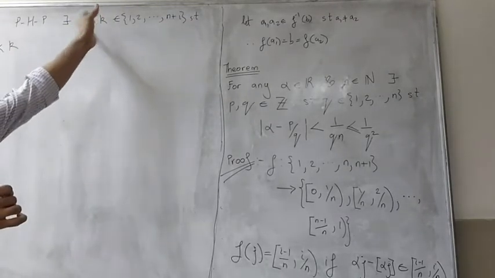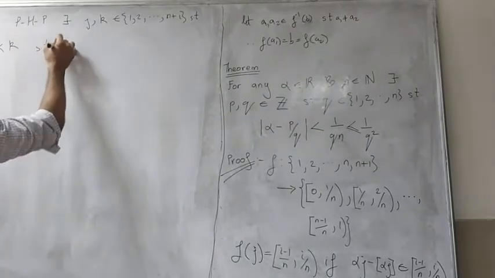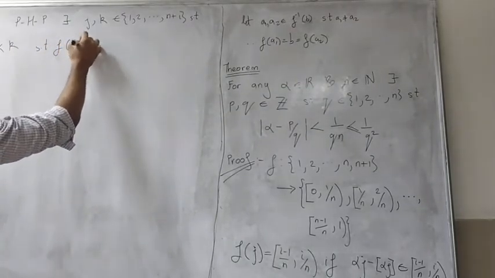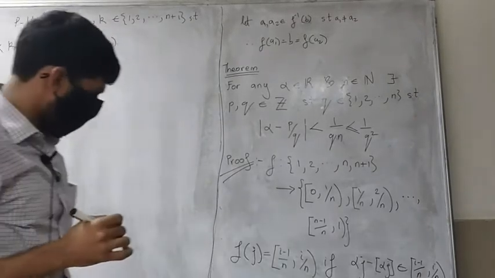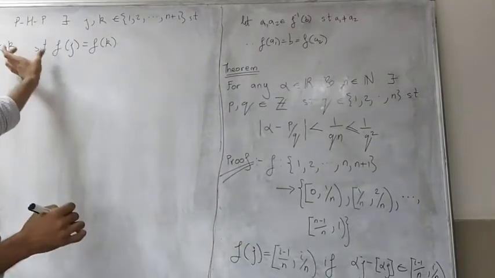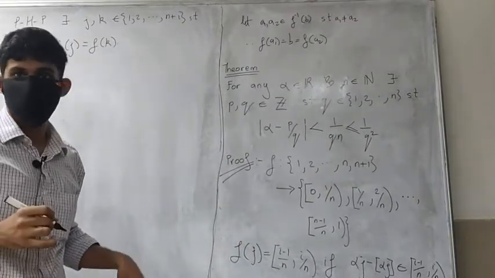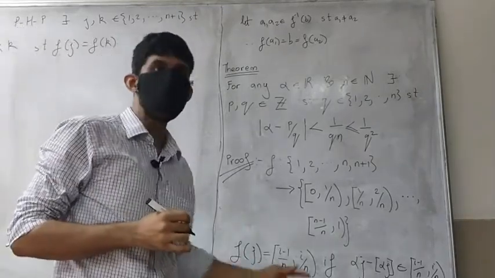I can always assume this, such that f of j is equal to f of k. So what does it mean to say that f of j is equal to f of k? It means that their decimal parts lie in the same interval.